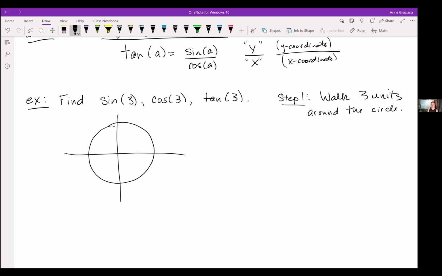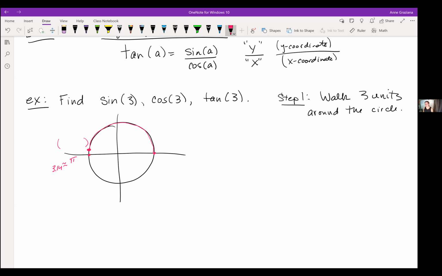You have to first find that coordinate pair before you can answer these questions. Starting at (1, 0), I know this is pi, which is about 3.14. So I'm going to need to stop just short of 3.14. This right here is about 3 units.